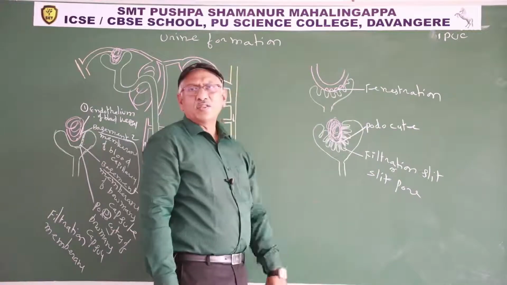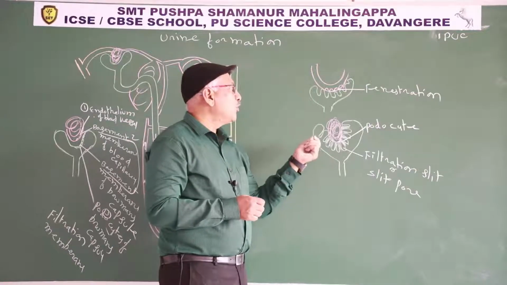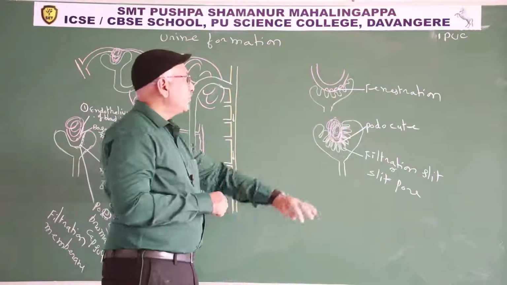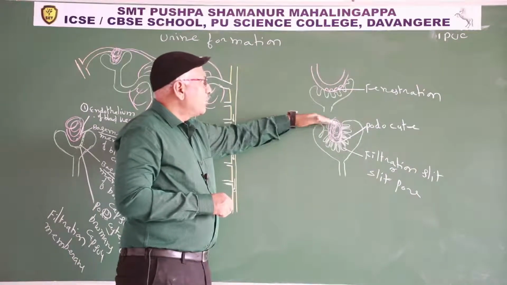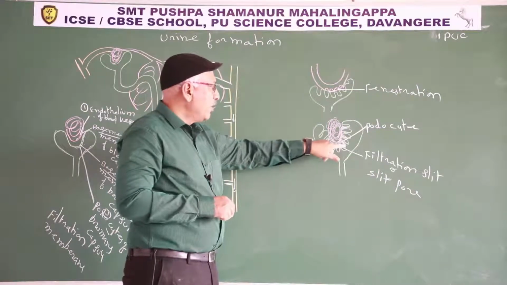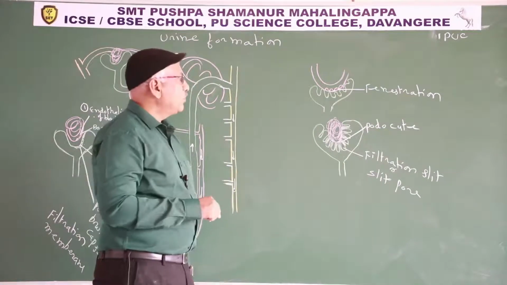What is glomerulus? A bunch of blood capillaries. In the blood capillaries, minute openings are present. These openings are known as fenestrations. Through fenestrations, nitrogenous waste material and some nutrients enter into the filtration slit. From the filtration slit, they enter into the lumina of Bowman capsule.